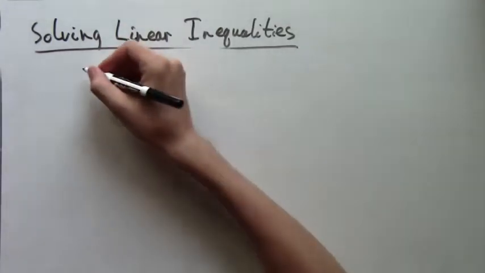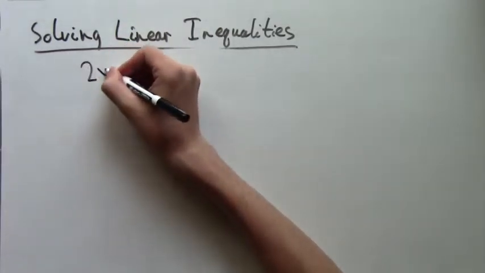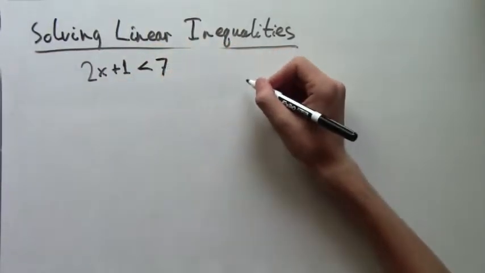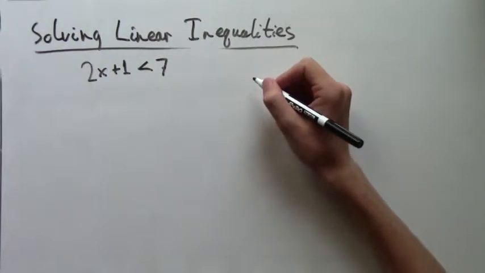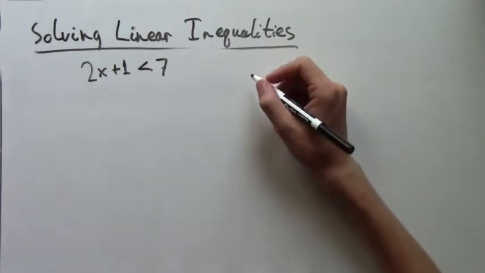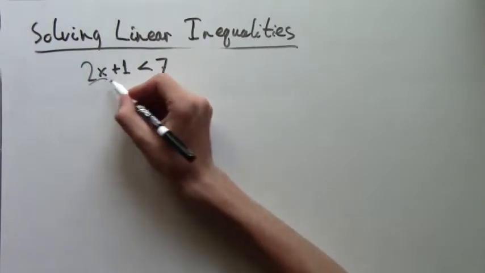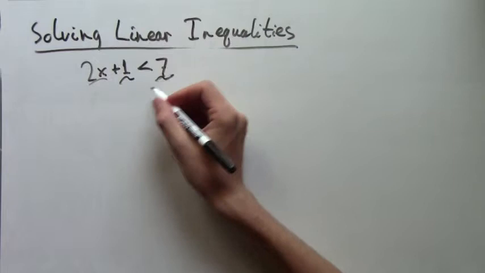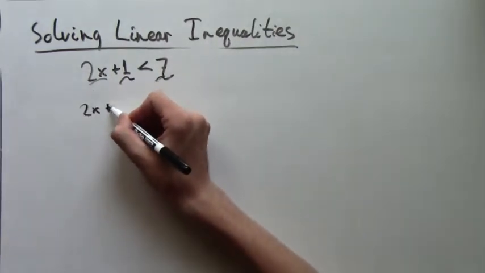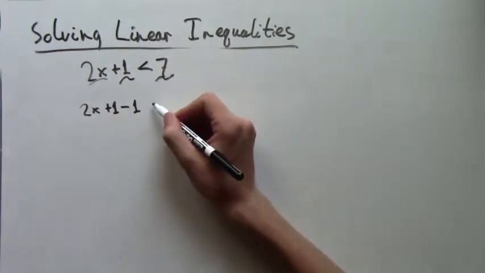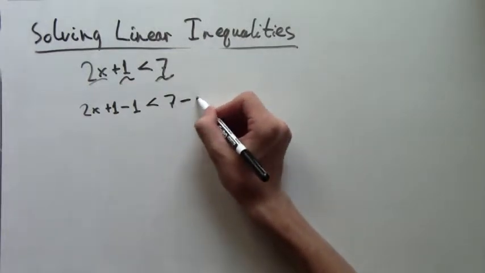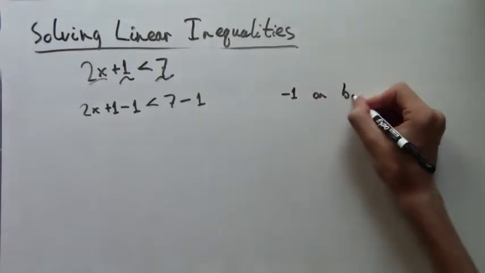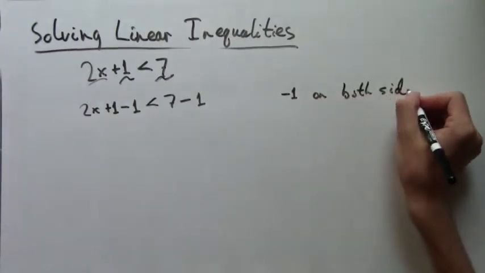So let's just jump right away into an example. Let's say we have 2x plus 1 is less than 7. So we have the variable x and the constants 1 and 7. And we want to isolate the variable. So we can subtract the 1 on both sides. The inequality remains true because subtracting 1 on both sides doesn't change anything.